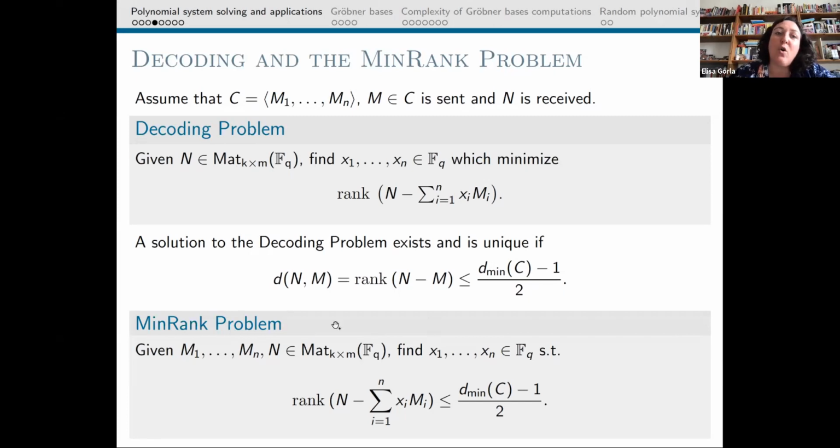And so you try to make a good choice of the Mi's that allow you to solve this problem efficiently. So when you construct a code, you want to choose matrices that give you a large minimum distance, because that gives you good error correction, and that gives you an efficient way to solve this problem.